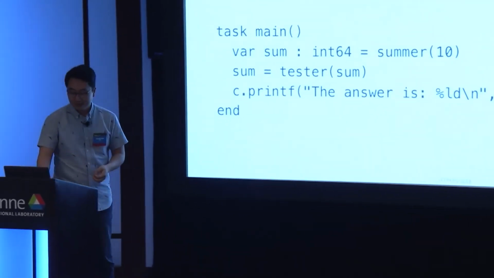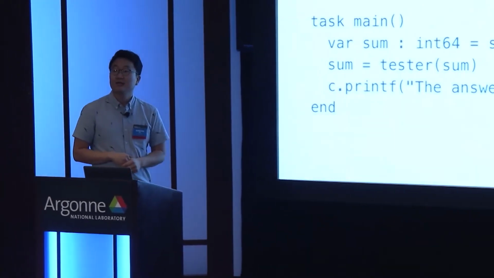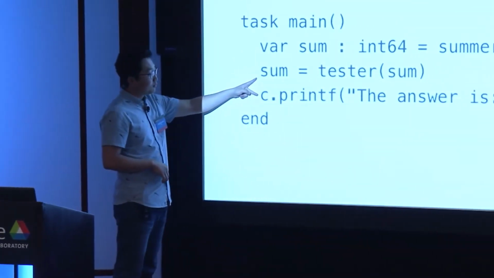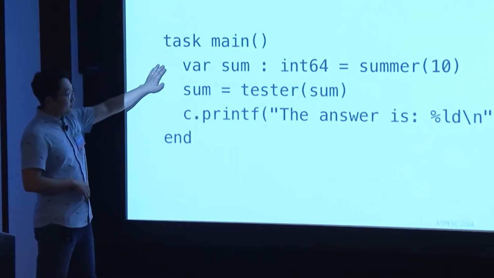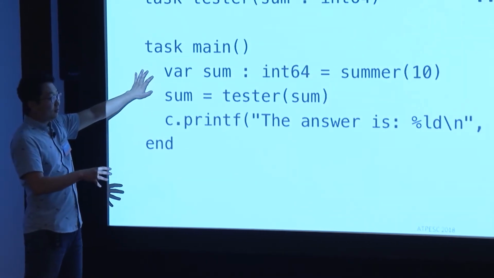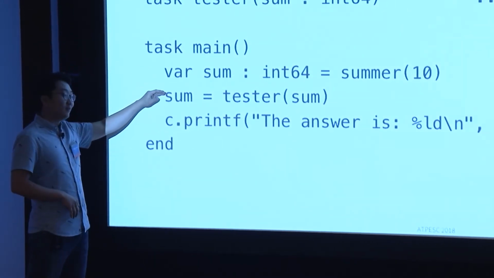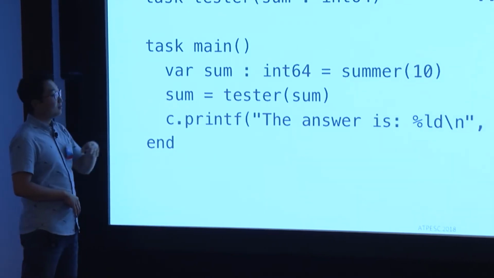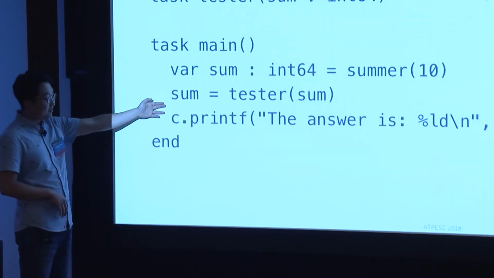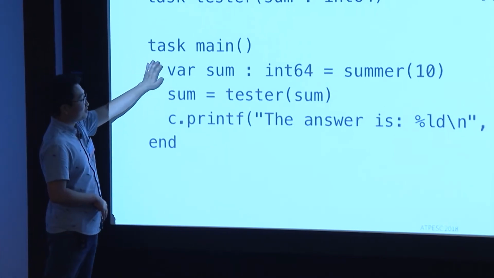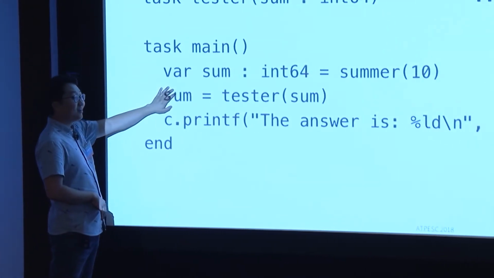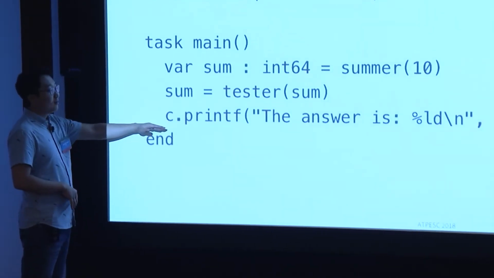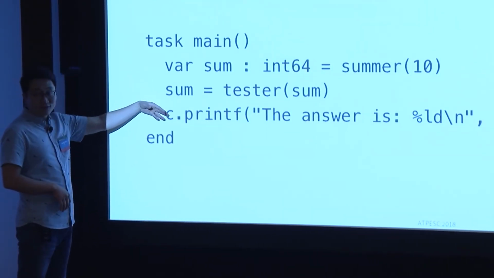What if you put a print statement between those 2? If you swap these 2, what will happen is that the main task will launch summer, and it waits for summer to finish, and then it will launch the tester. But if you wrote the program like this, then the main task will launch summer and tester at the same time, and then wait for these 2 tasks to finish.